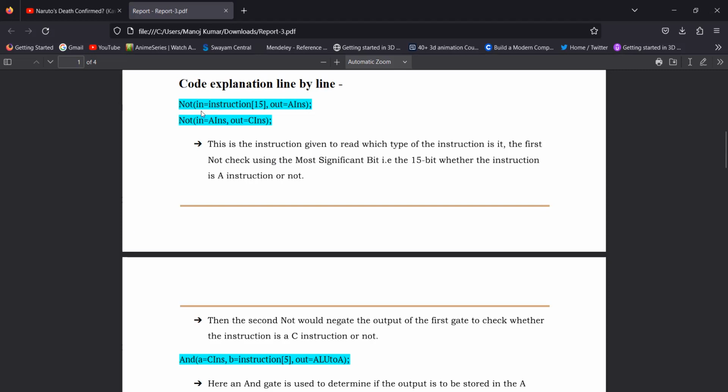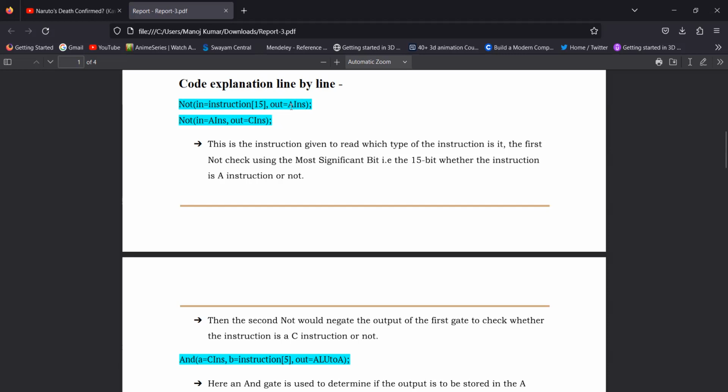The Not gates are used to determine whether the instruction is an A instruction or a C instruction. The first Not gate takes the 15th bit, that is the most significant bit, and negates it to find out whether it is an A instruction or not. The output from the first Not gate is the input to the next Not gate, which checks whether it is a C instruction or not.